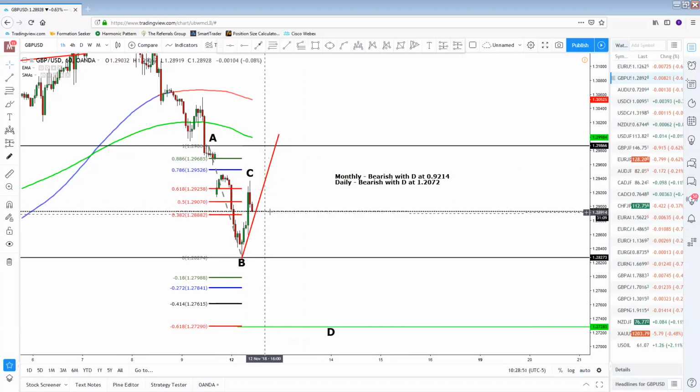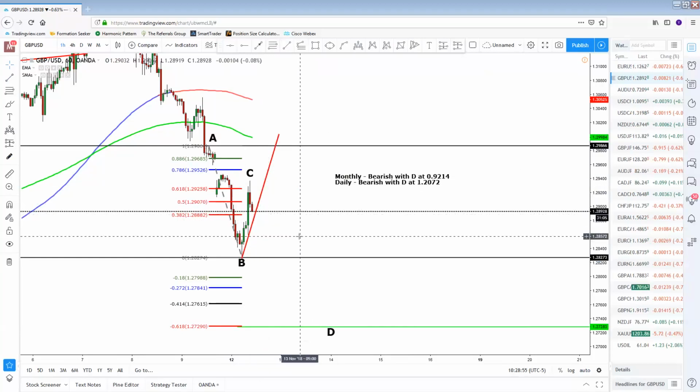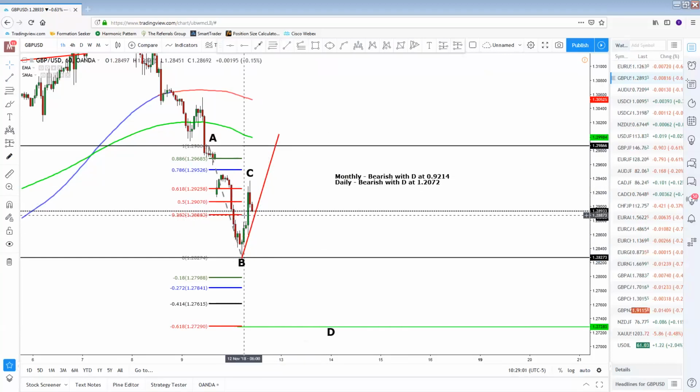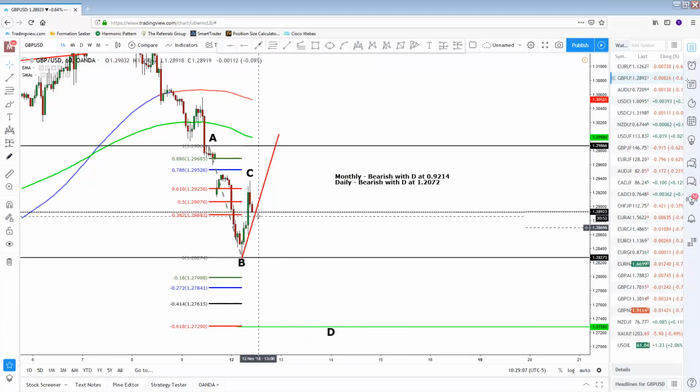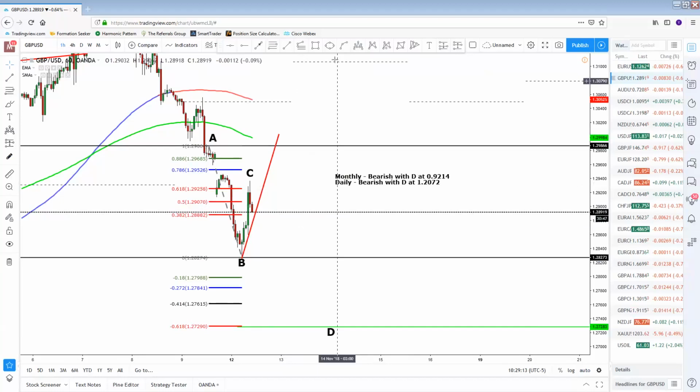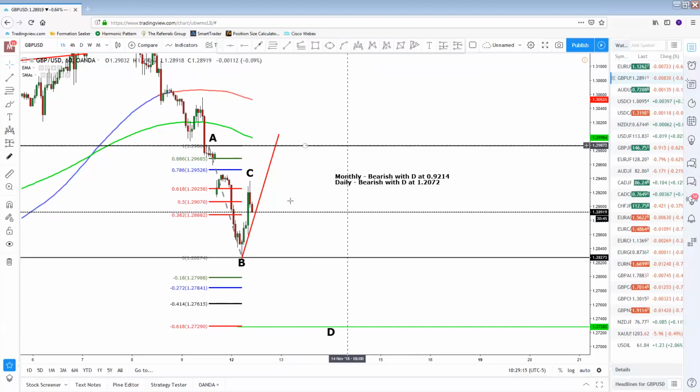I really don't like getting in below the 50, but I will get in below if there's support resistance, if there's major confluence in an area. This one here, if it comes down and it breaks this, I don't know if I would get in or not. I guess it just depends on what my risk reward would be.